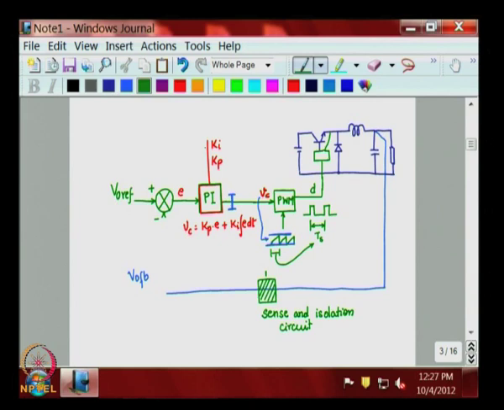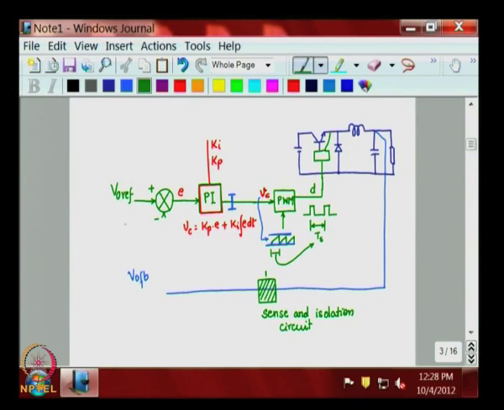The capacitor will invariably charge up, and it will charge up to the maximum because it is in open loop. Therefore, bypass the integrator or make K I equal to 0, so that when you increase this, V c will increase or decrease, D will change, and this will result in a change in V naught.